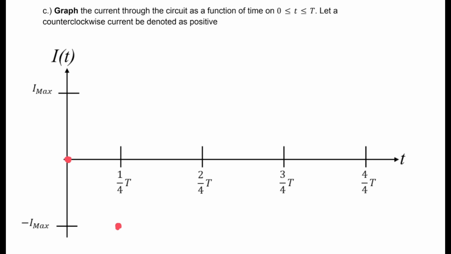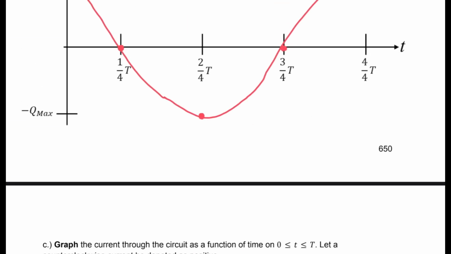Then, a quarter cycle later, the capacitor was fully charged, so there was no current. Then the current was maximized in the opposite direction, and then the current returned back to zero at the original state. And connecting this, we also get a sinusoid that's scaled by a different factor, but appears to also be shifted in phase.